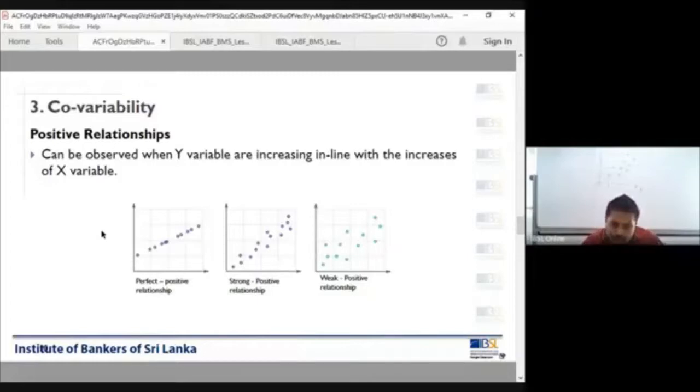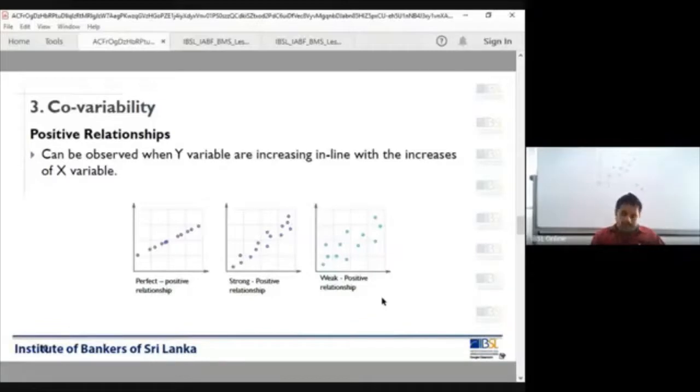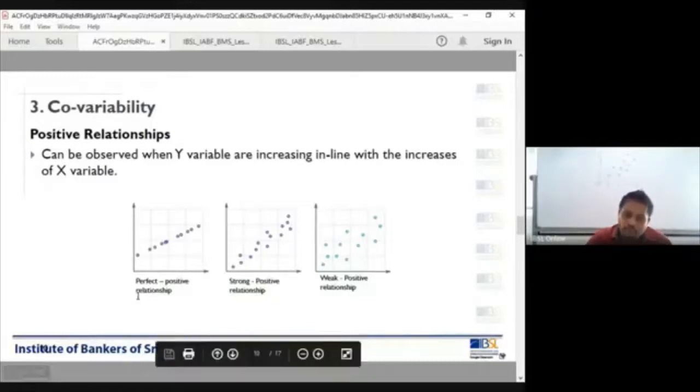However, in contrast to that perfect positive relationship, how about if the data set has a weak positive relationship? Would you comfortably say that you are going to exactly get this value for the y? It's quite difficult, isn't that so? So that's the idea of identifying the extent to which the positive relationship is evident. The three instances, I repeat, would be perfect positive relationship, strong positive relationship, and weak positive relationship.